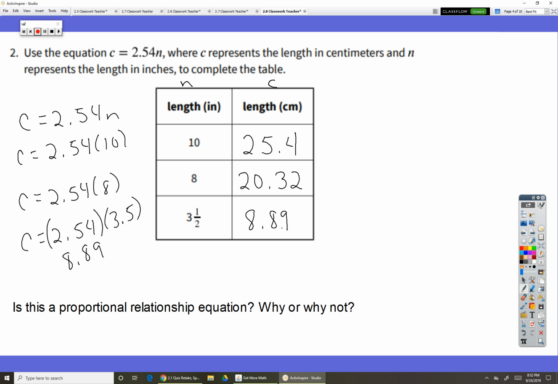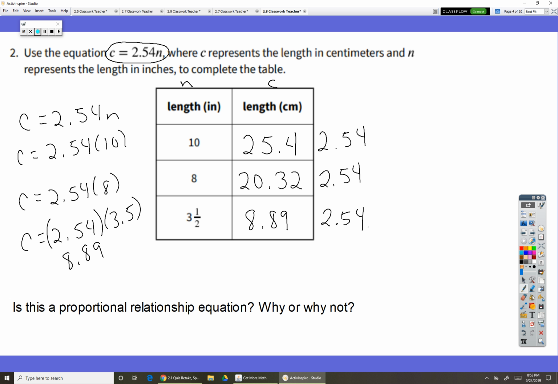Okay, is this a proportional relationship equation? So this equation that we had up here, was that a proportional relationship equation? Well, let's see if the table tells us that it was proportional. If we do 25.4 divided by 10, we get 2.54. If we take 20.32 and we divide by 8, we also get 2.54. And if we do 8 and 89 hundredths divided by 3.5, we get 2.54.